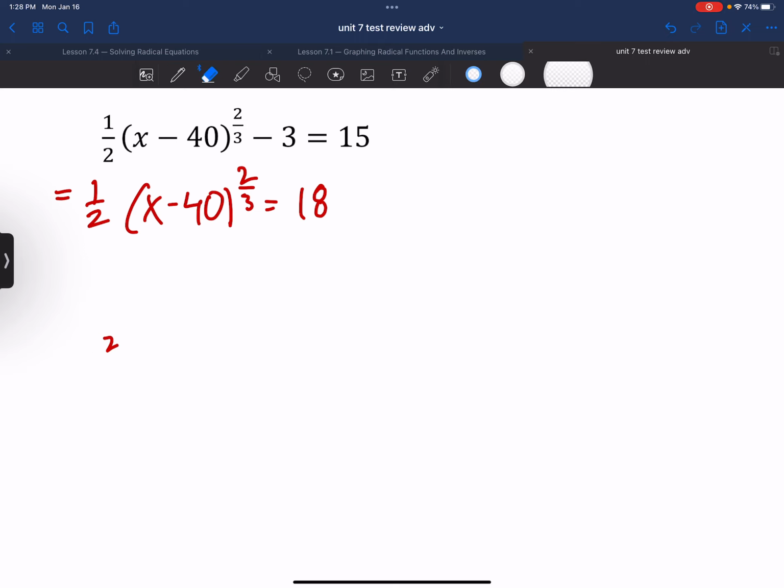And did you check for extraneous? Okay, here's what I'm going to do. Say x equals 25. Let's check. The check says square root of x equals 12 minus square root of x plus 24, and we're testing 25. So does the square root of 25 equal 12 minus the square root of 25 plus 24?